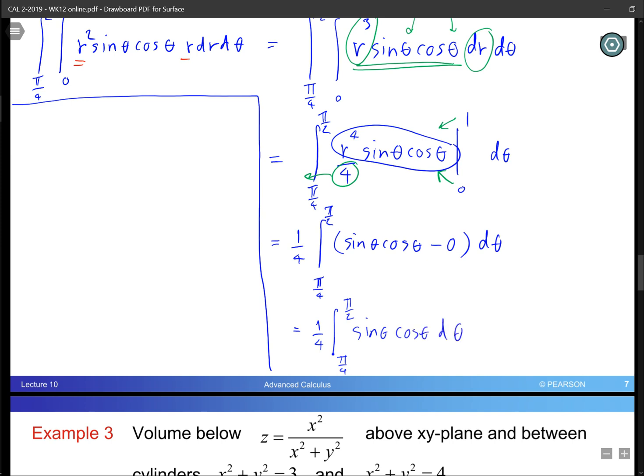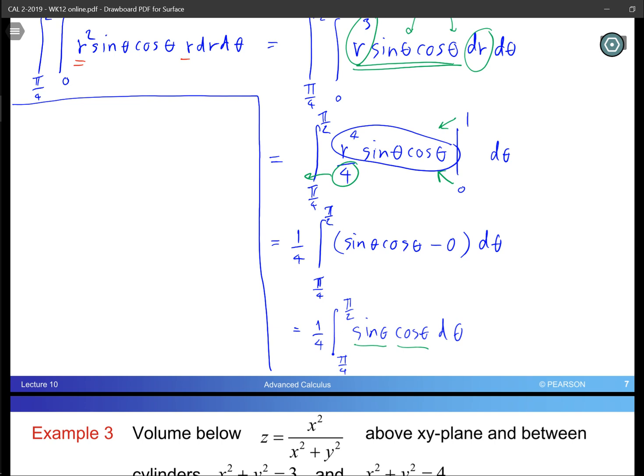Now you can see that integrating sine theta cosine theta is not so simple. Well, you have done this in Cal 1. When you see something like this, a product of one variable and it's non-linear, you need some technique in order to integrate this. So let's try some technique.